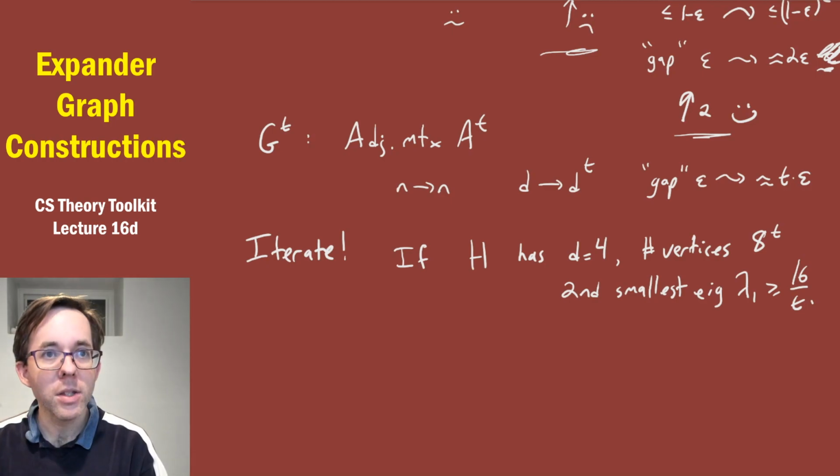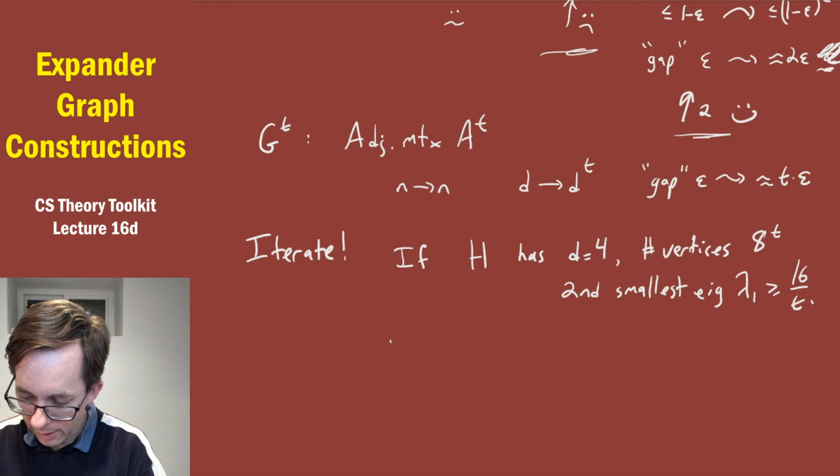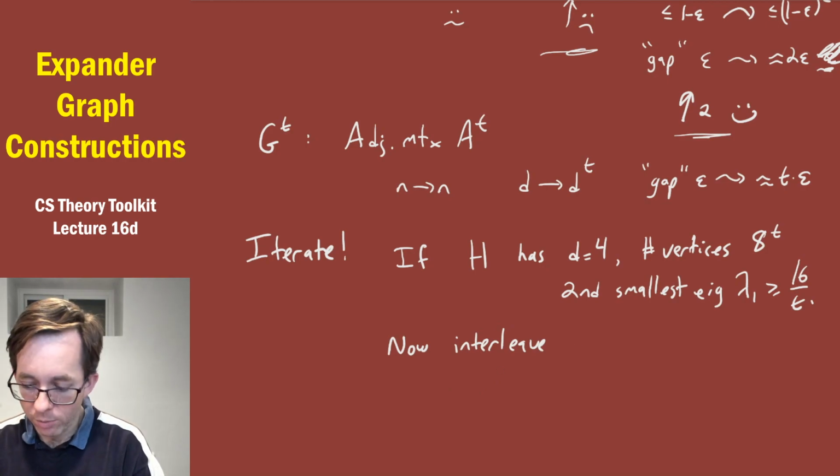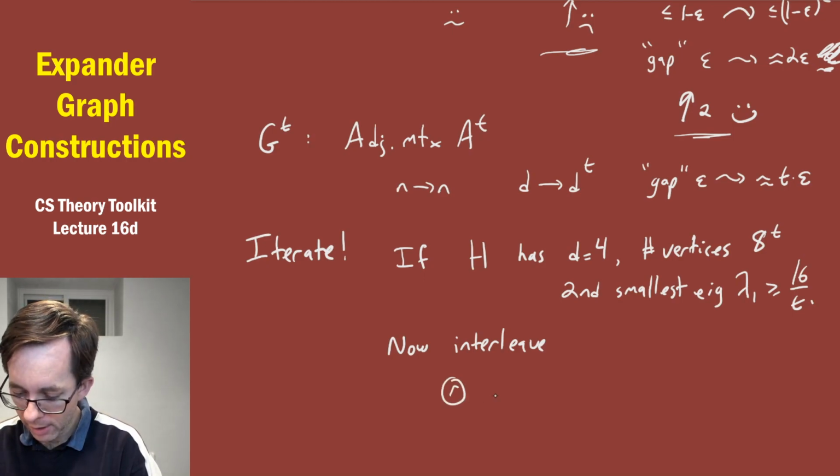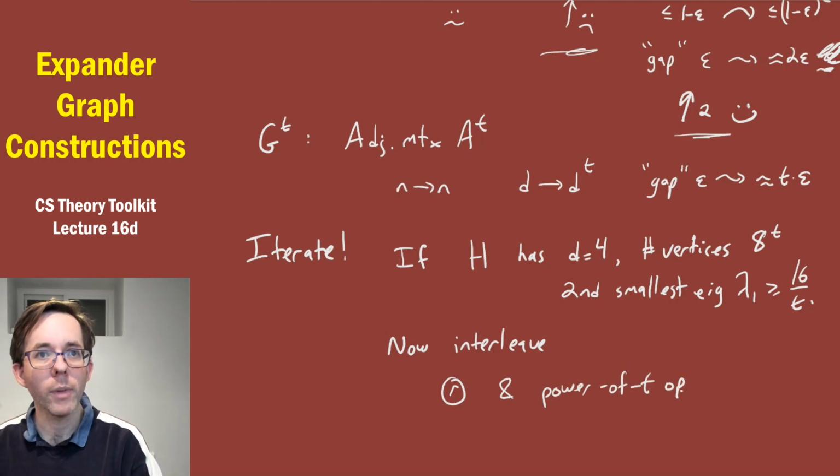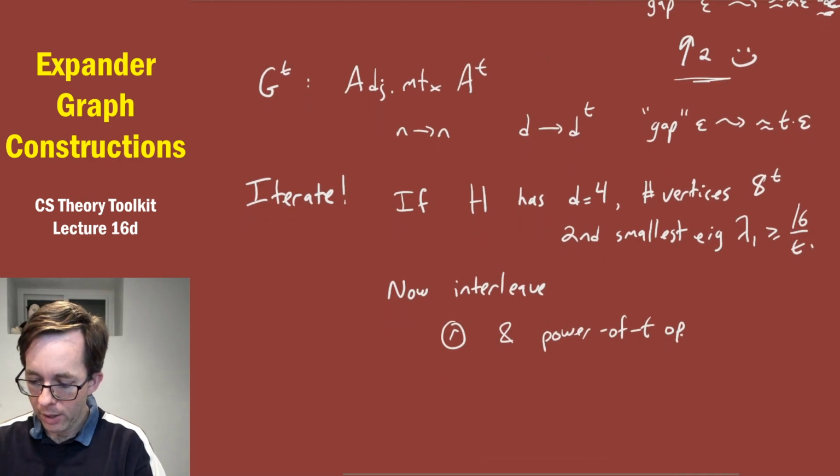So what happens? Now if we interleave, we start with a graph G, and now we interleave the replacement product and this power of t operation. And what happens?